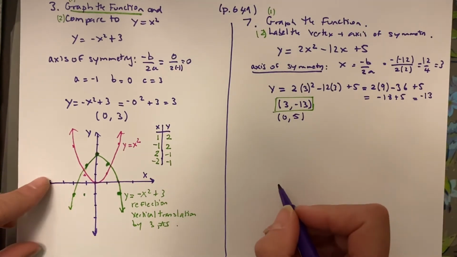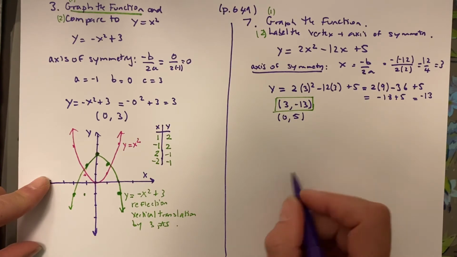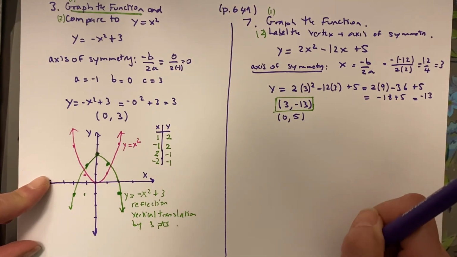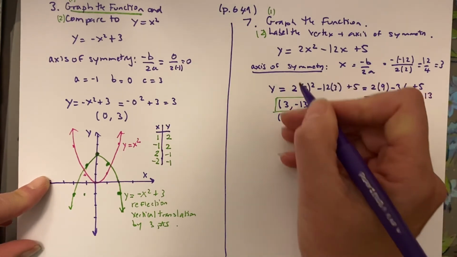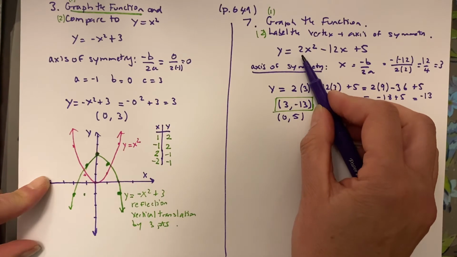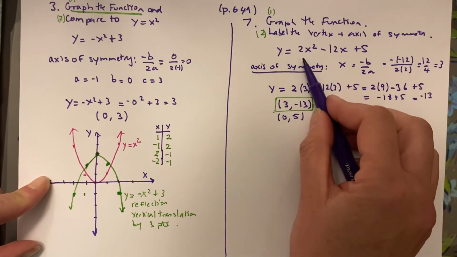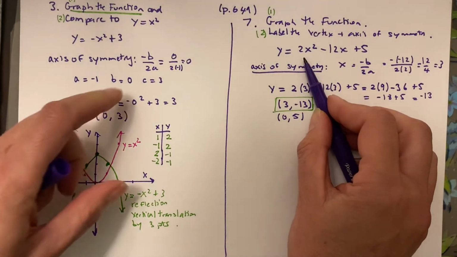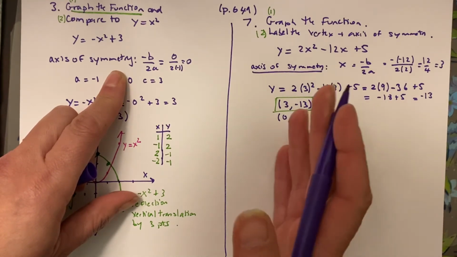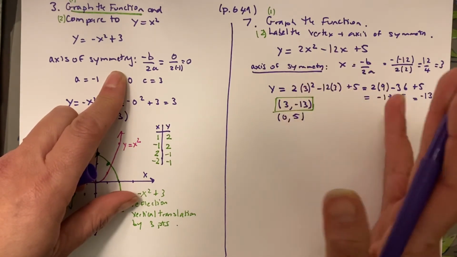I'm realizing I'm probably going to have to go pretty far, like 3, negative 13 is going to be way down here. It's going to be pointing up because this is a positive number. And it's going to be pretty steep, right, because of this number 2. It also says it's going to be in the first and second quadrant, so I'm going to draw a little bit more to the right here.